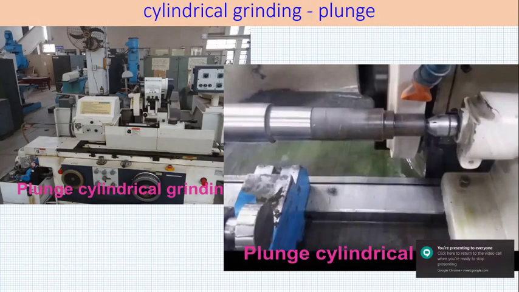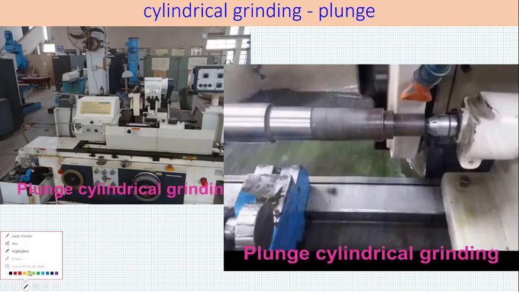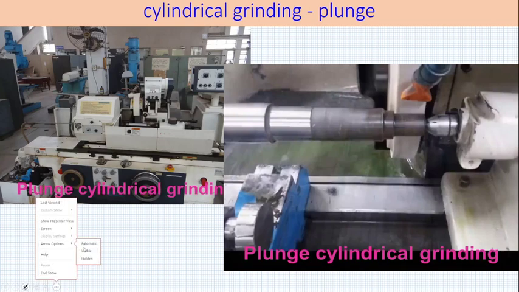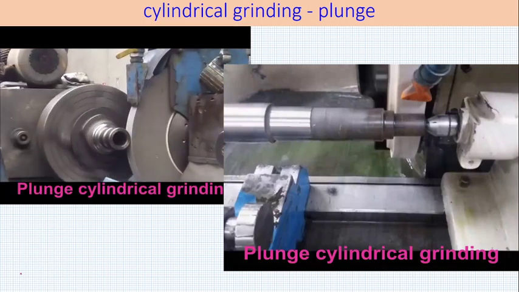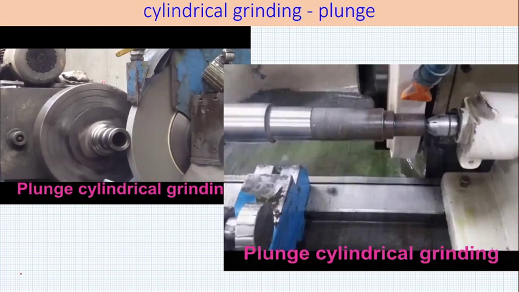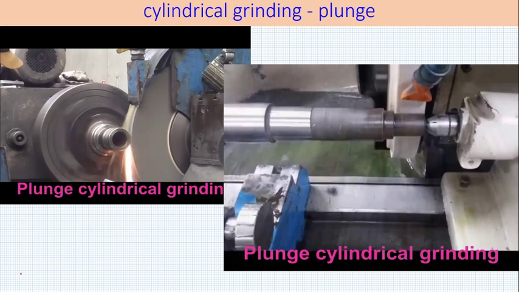One thing that I did not show you in the last class was the video of plunge cylindrical grinding, so I'll try to show you today. Here, as you can see, the workpiece is mounted on a chuck and it is not supported by a tailstock.